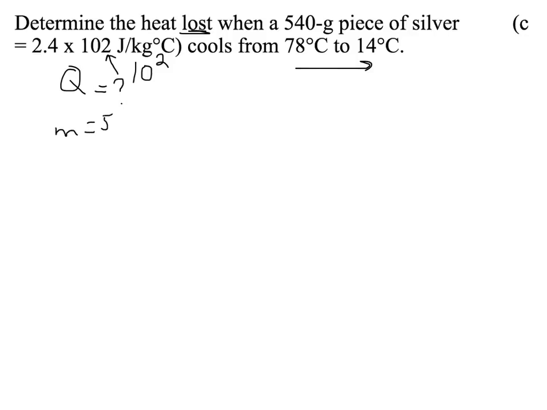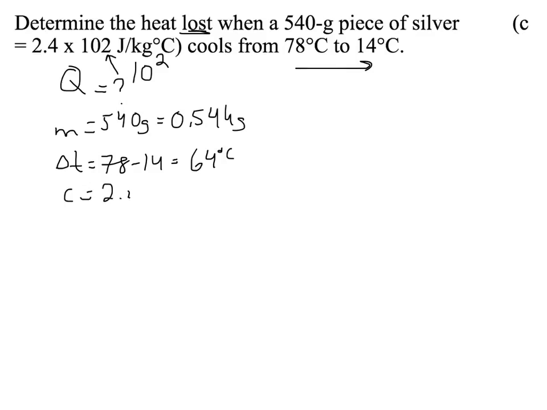M is 540 grams, which is equal to 0.54 kilograms. We know delta T is 78 minus 14, which is 64 degrees Celsius. And we know C, because it's given, of 2.4 times 10 to the 2.